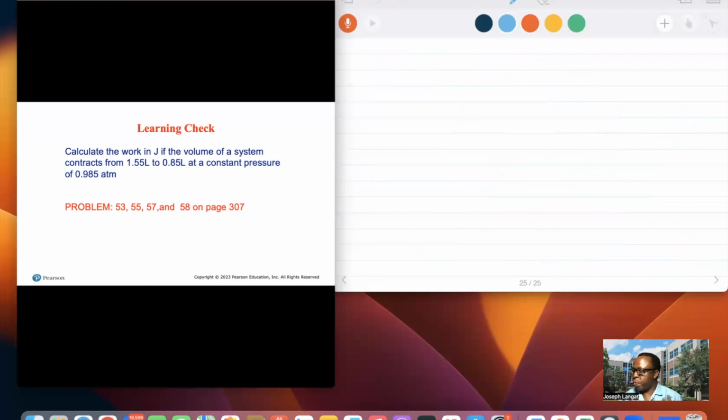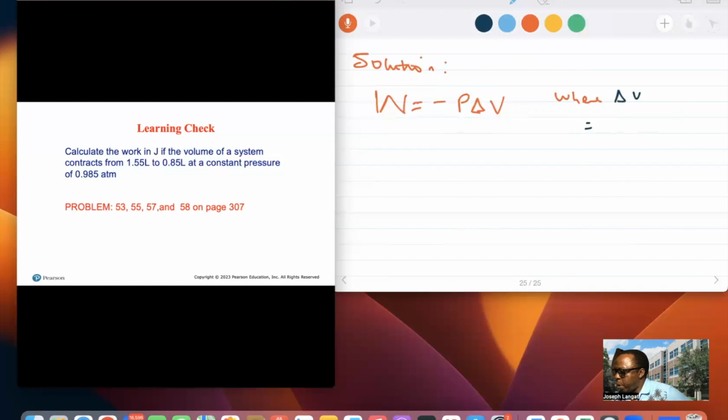So the solution for this: work equals minus P times the change in volume, where the change in volume is given by 0.85 liters minus 1.55 liters.